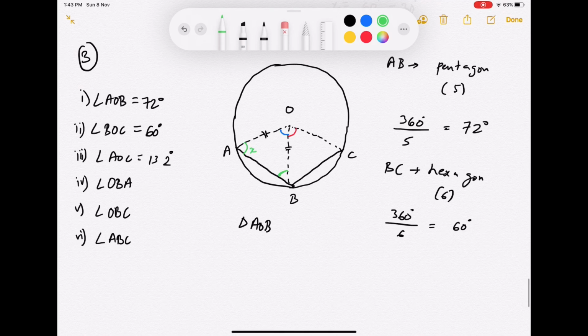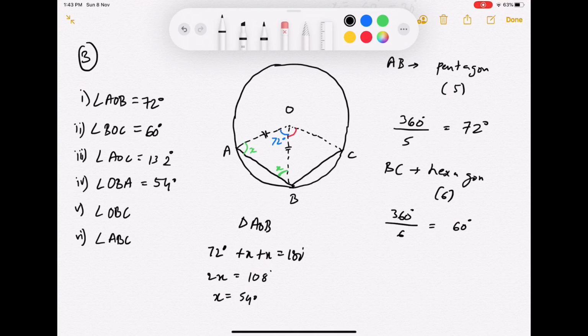So if I assume they are x and x, by using the angle sum property in triangle AOB, and I know that angle AOB is 72 degrees, I can say that 72 degrees plus 2x is equal to 180. So 2x is equal to 180 minus 72, which comes up to be 108. So x is 54 degrees. Therefore angle OBA is 54 degrees.